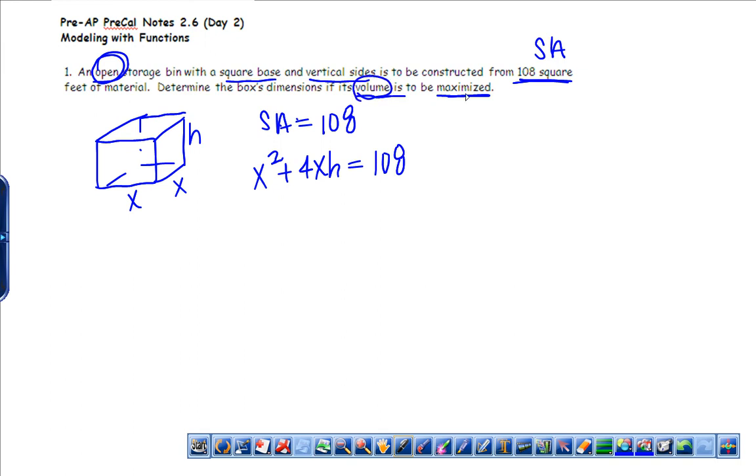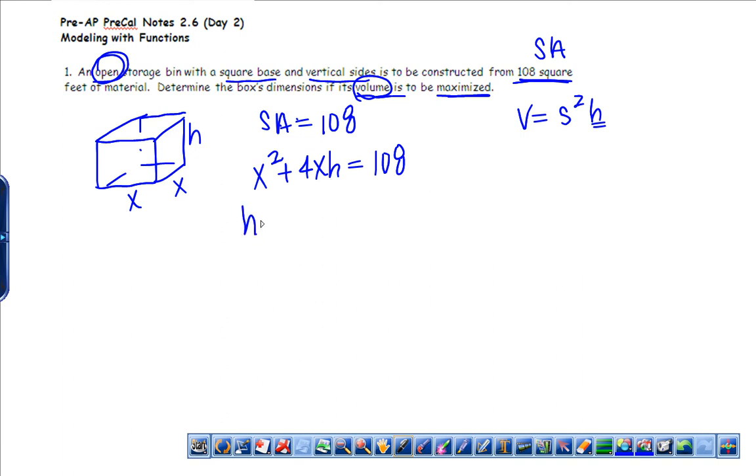I do want to get to volume, which is a side squared times h, since we have a square base. So if our side squared, looks like we're going to have to solve for h. So let's go ahead and do that.